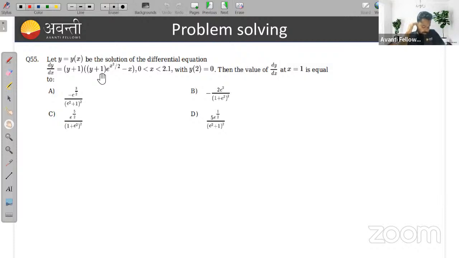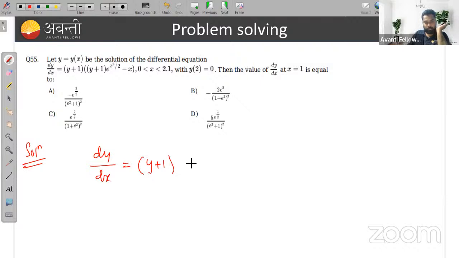Right? So let's solve. What is the equation given? dy by dx is equal to y plus 1 into y plus 1 into e raised to x square by 2 minus x. Okay, this is the equation given.